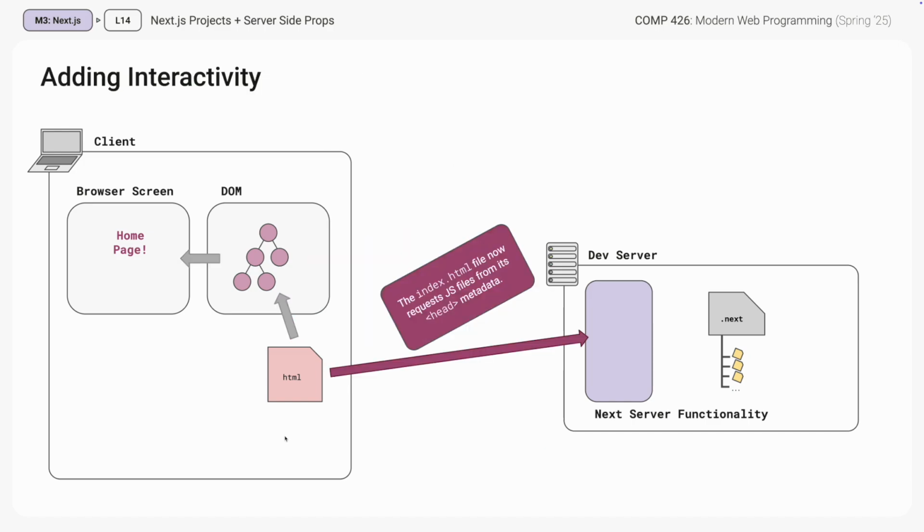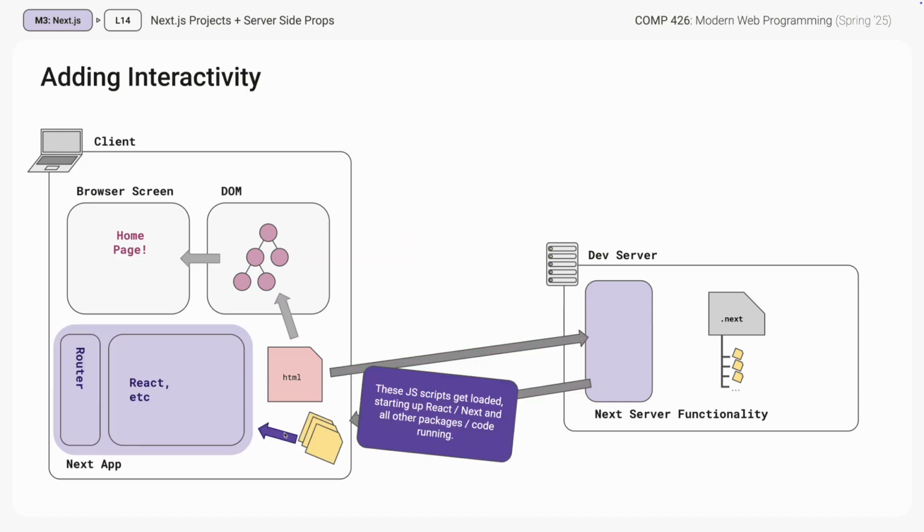And so the HTML has to fetch the JavaScript in order to make the page interactive. And once it fetches this JavaScript, our React app is going to start running here on the client. And now that React is running here on the client, React is going to know, because the same component that it rendered over here is now over here, we have everything downloaded. So now it knows what functionality this page needs to have.